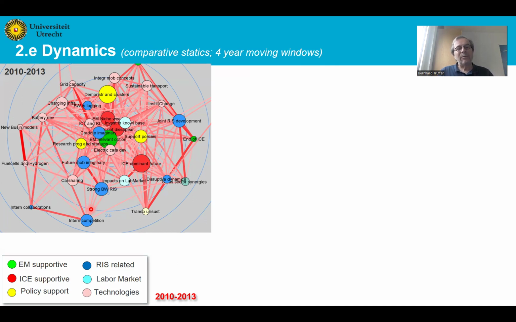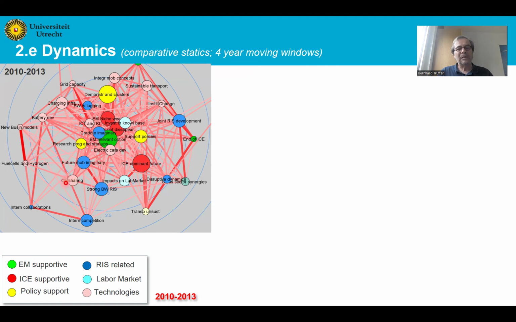Unfortunately, I have to make you aware that I changed in between the color code, which is unfortunate, but it would be too much effort to change it again. So now the green nodes are the supportive for electromobility, the red ones are supportive for ICE, the yellow ones are still the same, and the blue ones as well.